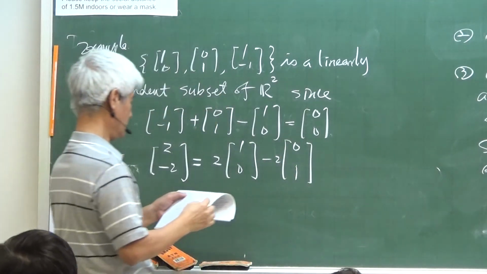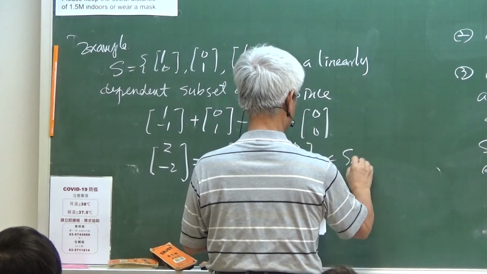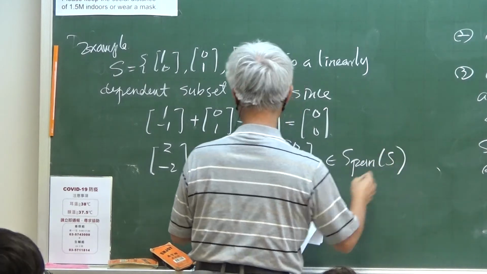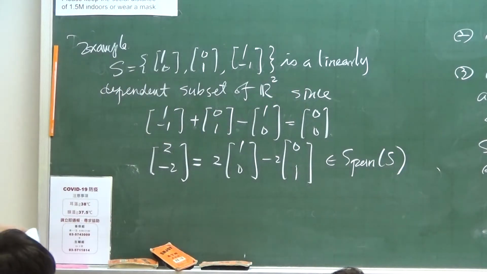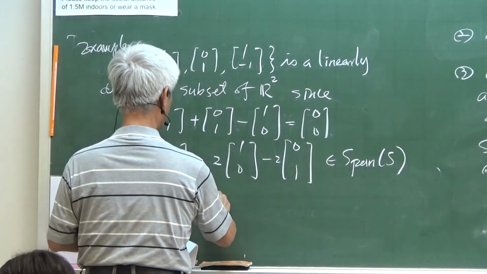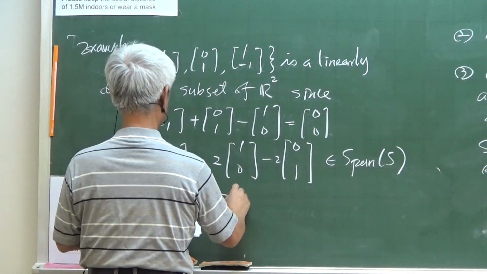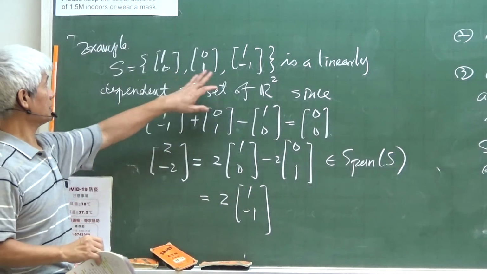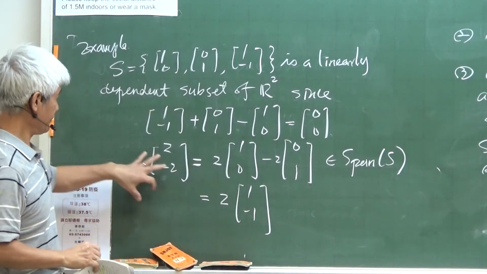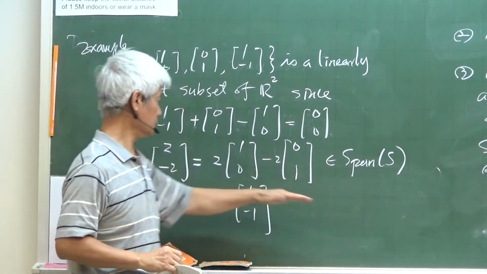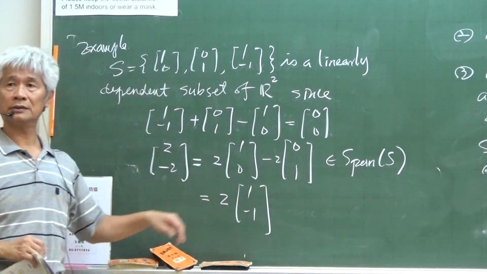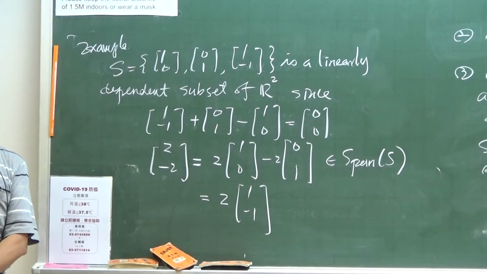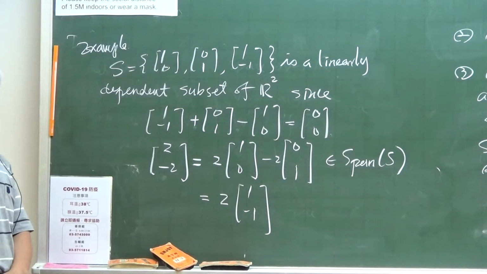So of course it's in the span of S. But it has another representation: 2 times this vector. So the same vector in the span has 2 different representations as linear combinations.